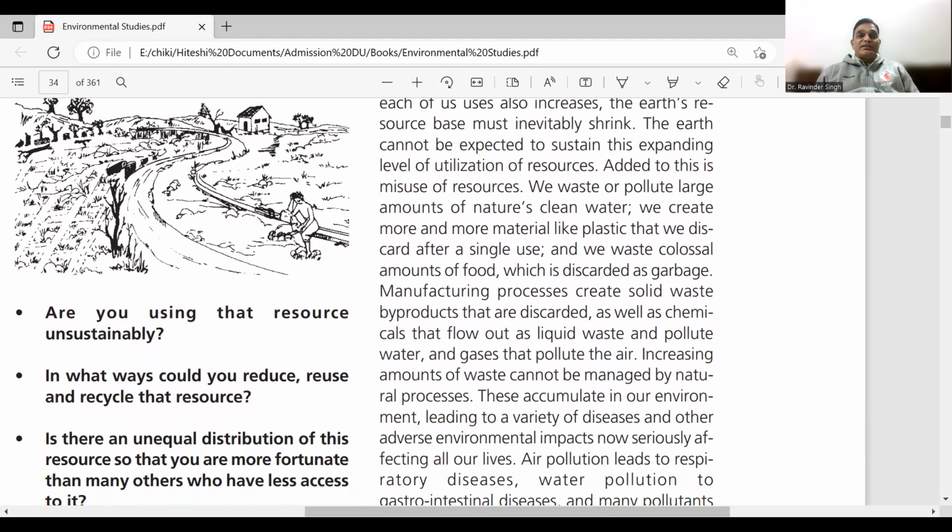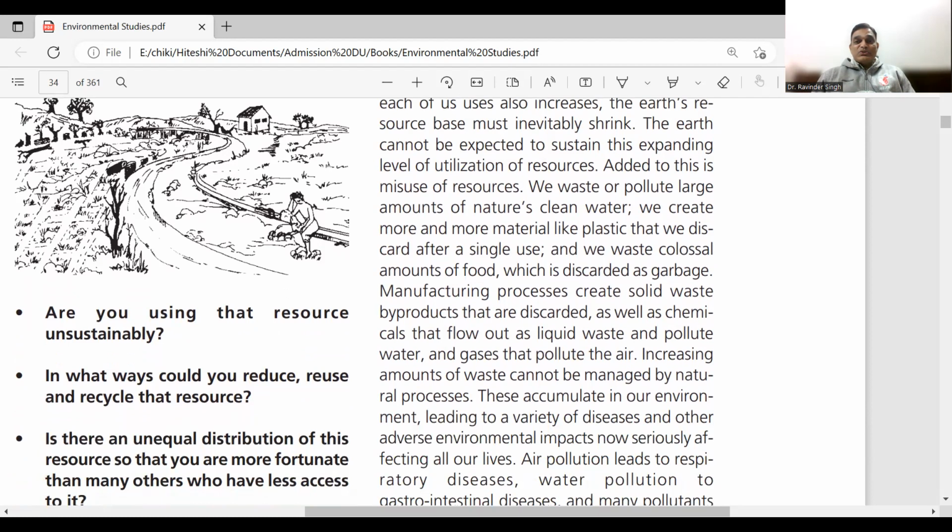Adding to this is the misuse of resources. We waste and pollute large amounts of nature's clean water. We create more and more material like plastic that we discard after a single use, and we waste colossal amounts of food which is discarded as garbage.